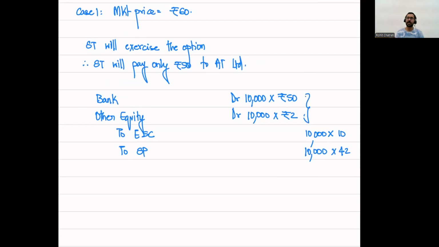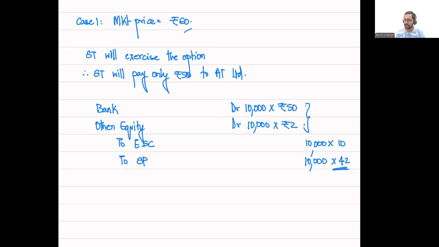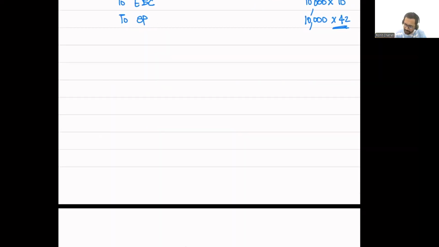I collected an upfront premium of 2 rupees. So therefore, I've technically issued each equity share at 52 rupees, and therefore I am going to credit share premium at the rate of 10,000 multiplied by 42. So this is going to be the journal entry at the time of issuance if the market price is rupees 60.